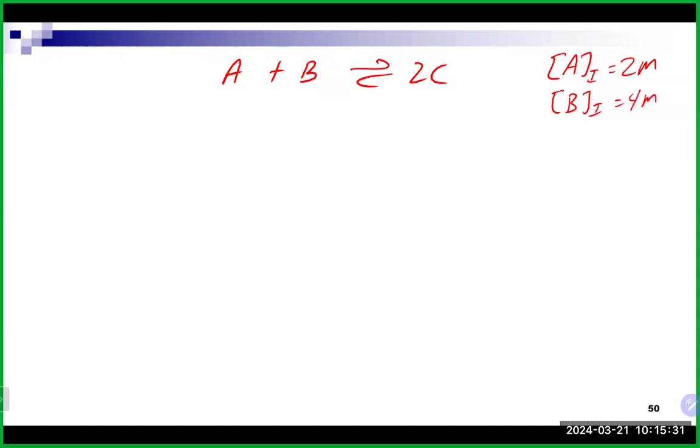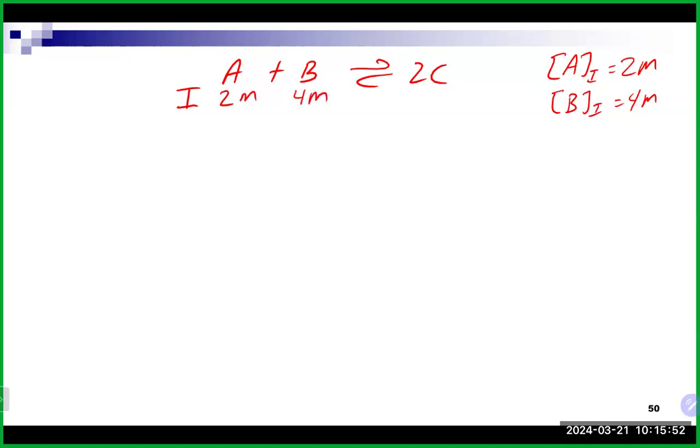And that's all we're given in this case. What we want to figure out is the equilibrium concentrations of everybody when they reach equilibrium. So initially we would do our ice table by putting on our initials, which would be our 2 molar here, our 4 molar here.